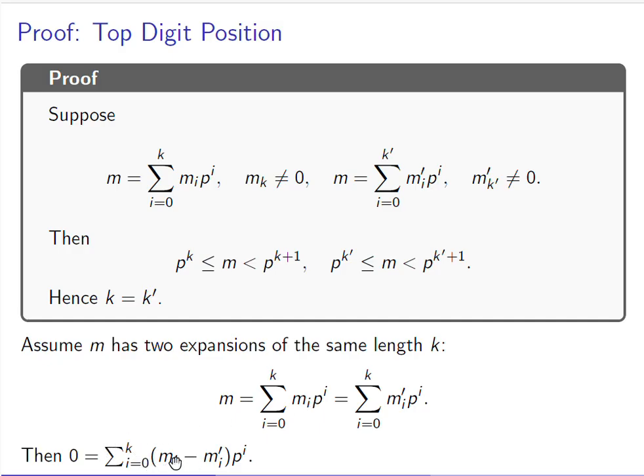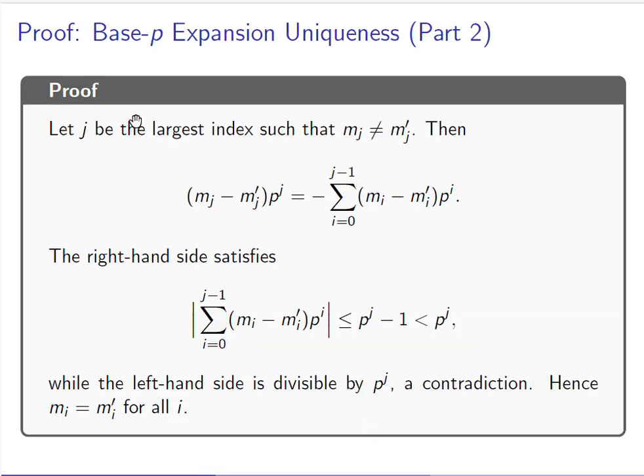Now, what we want to show is that mi is equal to mi prime for all i, which means that this quantity here is also 0. But supposing that was not the case, then let j be the largest index such that mj is not equal to mj prime.